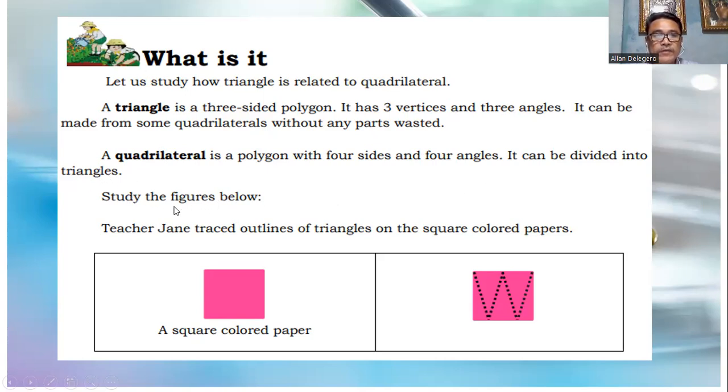Study the figures below. Teacher Jane traced outlines of triangles on the square colored papers. A square colored paper here.